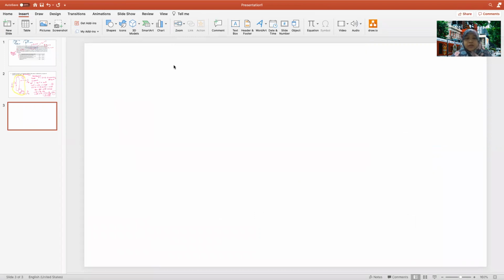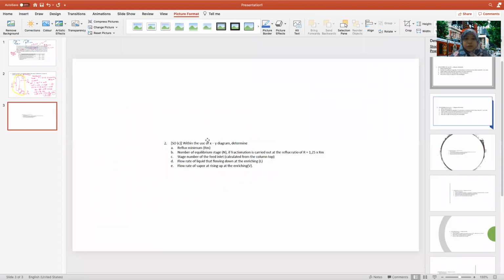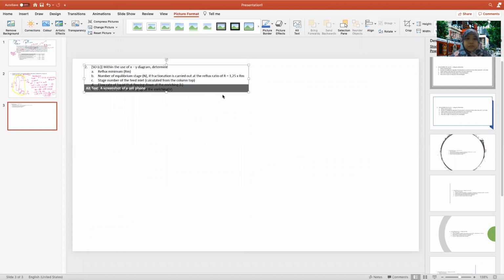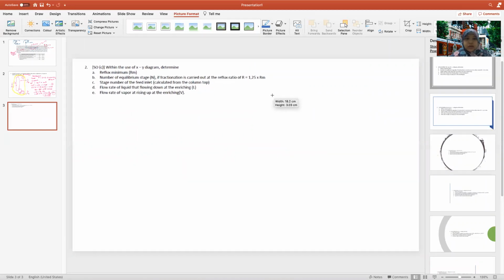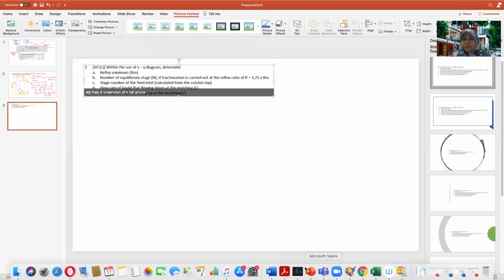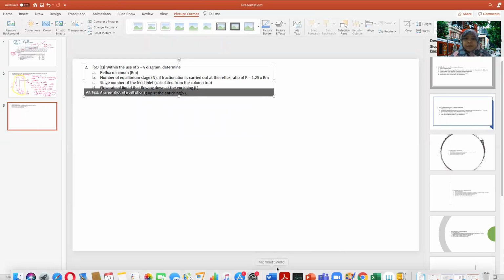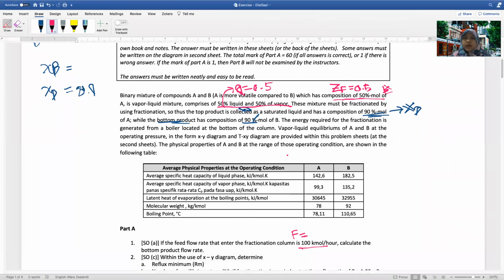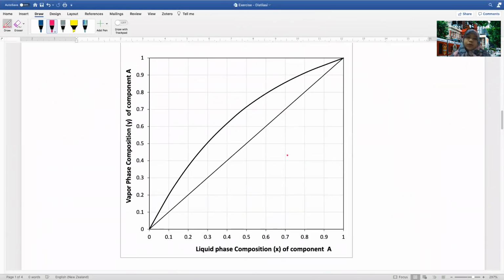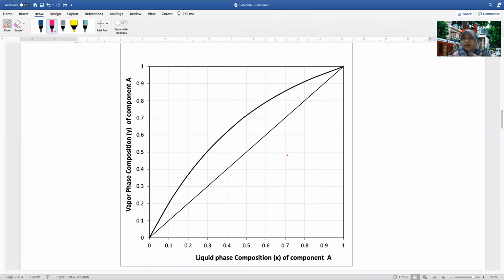Okay, please try to do number two. Of course, to solve this one, you need the graph. It's really up to you if you want to do it online using the trackpad or using a tablet.